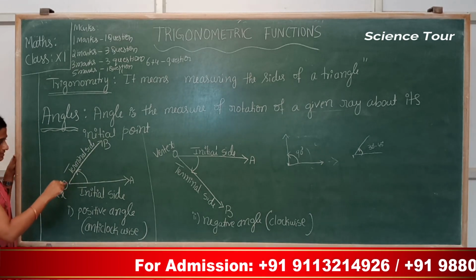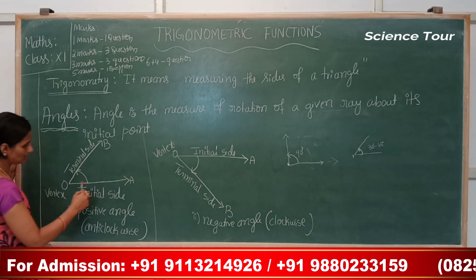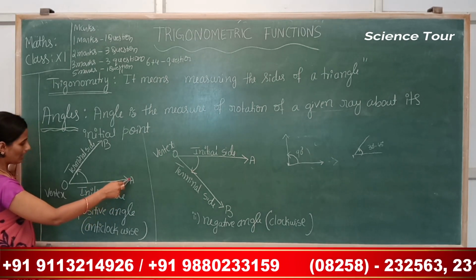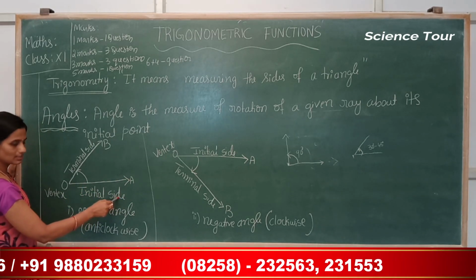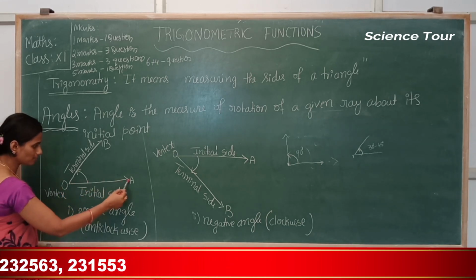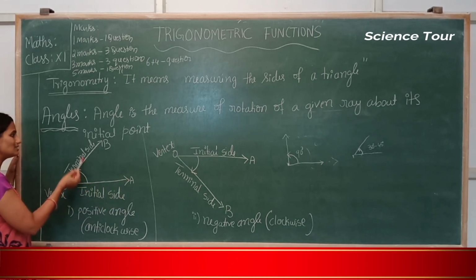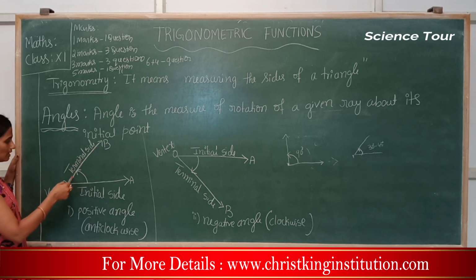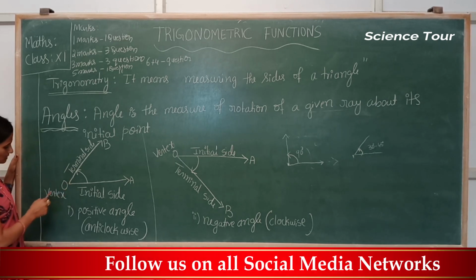Consider an example. This is the ray OA, and that is called the initial side. I started from this point and rotated like this, and where I stopped is called the terminal side. This fixed point is called the vertex of that angle.